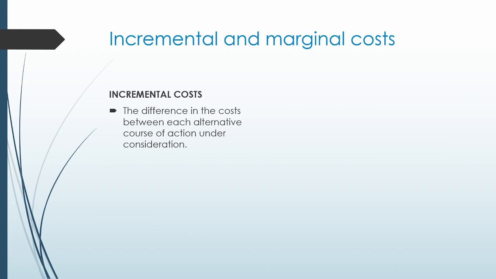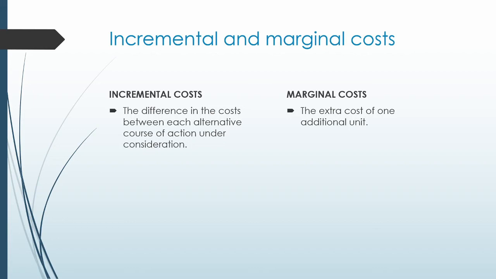The final set of cost terms that we need to be familiar with are incremental and marginal costs. Now, these two cost terms are very similar, but do have a slight difference. Our incremental costs are the difference in cost between each alternative course of action being considered. Marginal costs, on the other hand, are the additional cost of one additional unit.